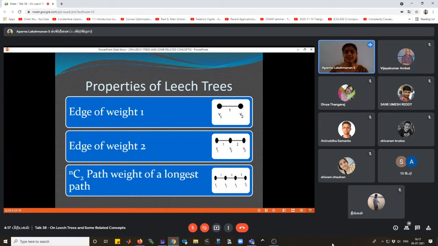And please note that that path need not be a maximum path. For the 5 examples which we have, both of these coincided. But in general, it need not be true. We can't use such a technique to prove that there exists a leech tree or there does not exist a leech tree. Okay. So using this third point, we will check which paths are leech paths.